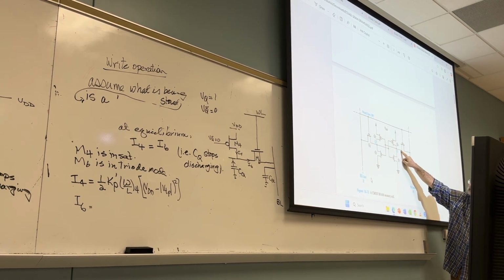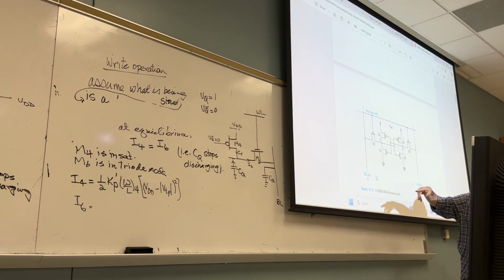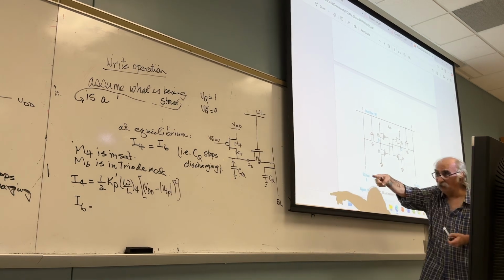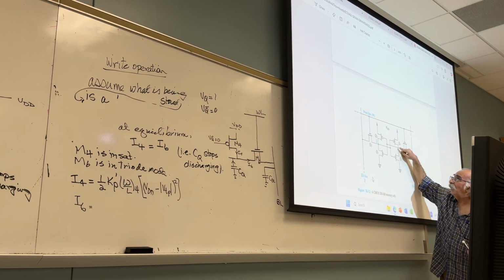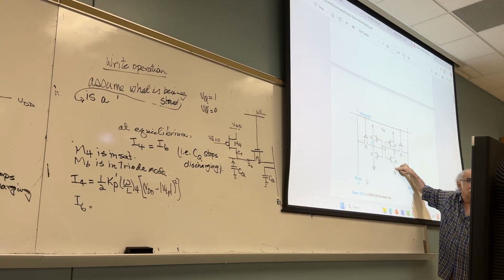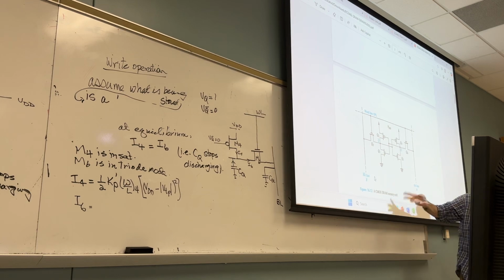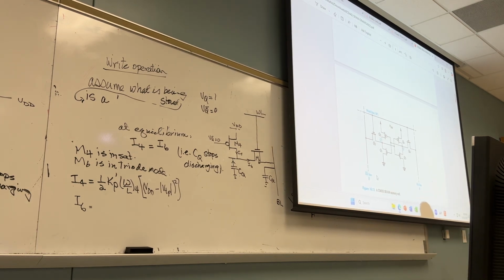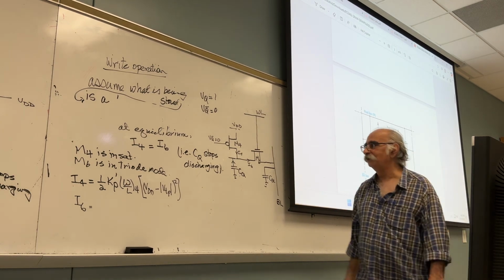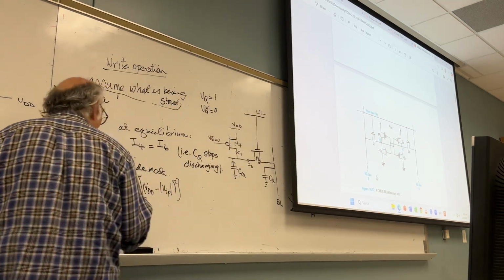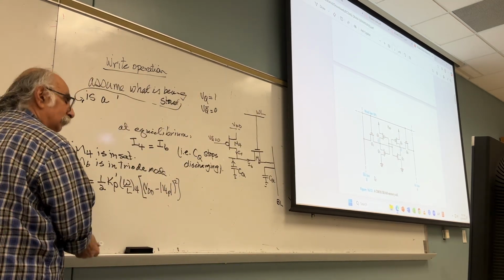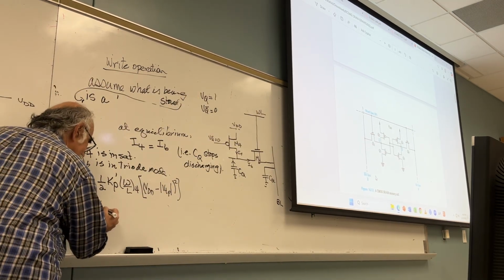But when I talk about the triode, it means that after this one has discharged, the voltage here is no longer VDD. Did you get it? Yes. Help me. 1/2, why 1/2? It's in the triode. Kn prime.